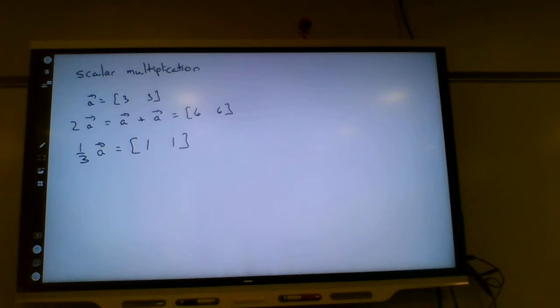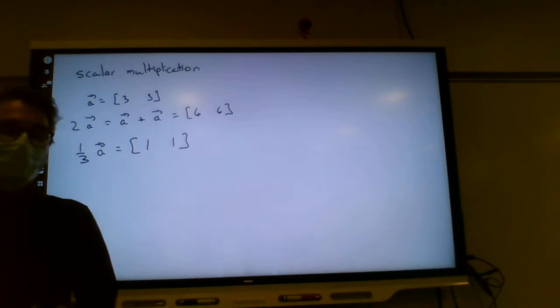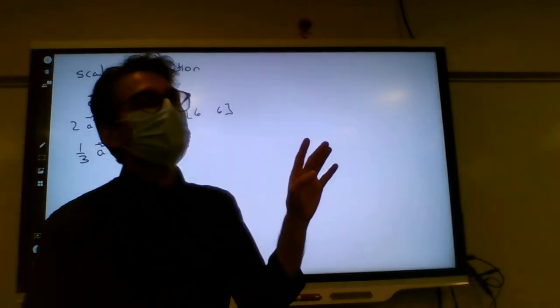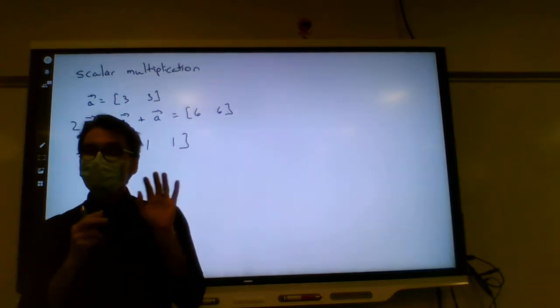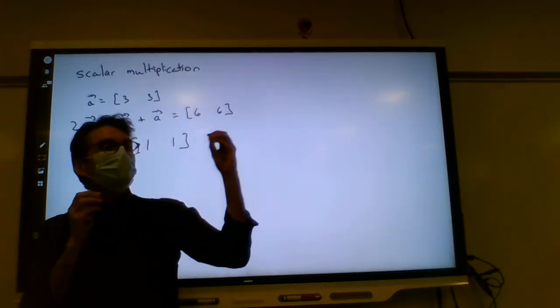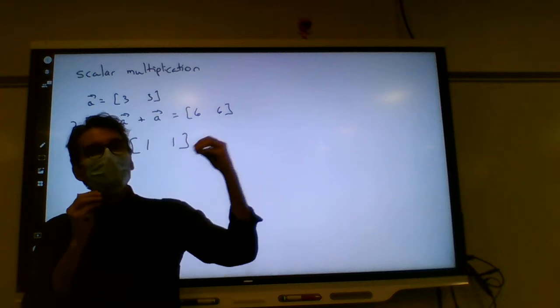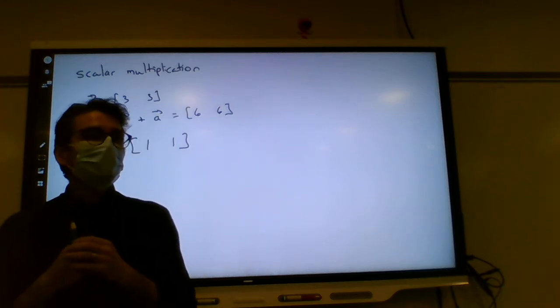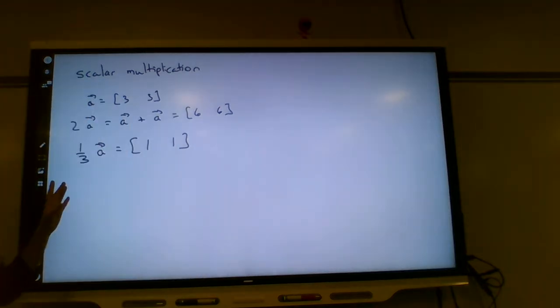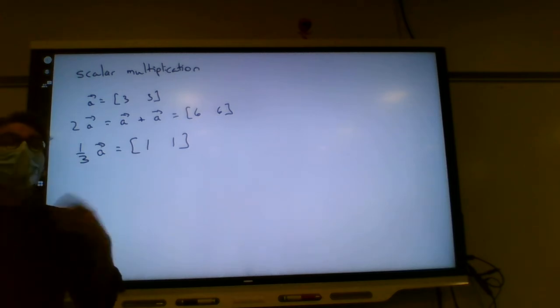Okay, so scalar multiplication will do what? It will keep the direction the same and just change the magnitude, change how far you go in one direction or the other. Well, actually, it'll change how far you go in all the directions, right?